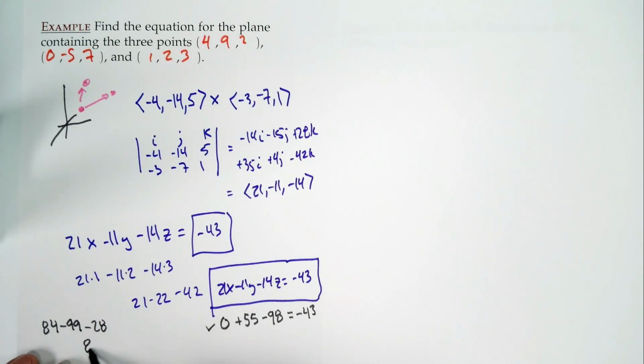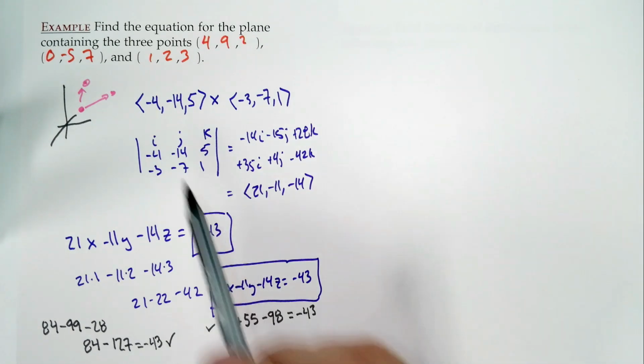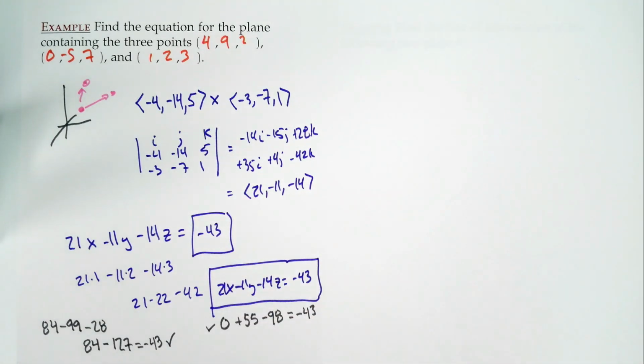So that's really 84 minus 127. If you take 84 and subtract 127, how far apart are the numbers? They're 43 apart, but of course the 127 is larger, so it's negative 43. So we are now 100% sure. This has to be the plane. There's no other choice, because we've checked that every single point is actually on the plane. So life is good. All right.